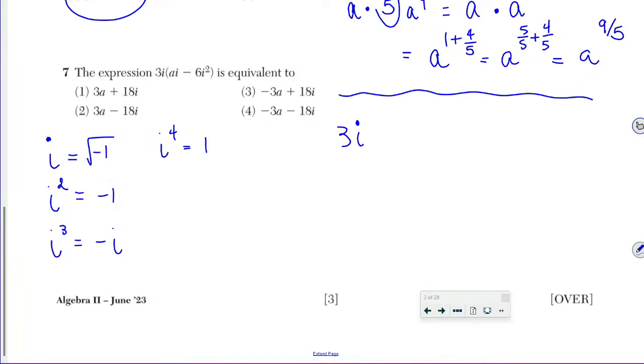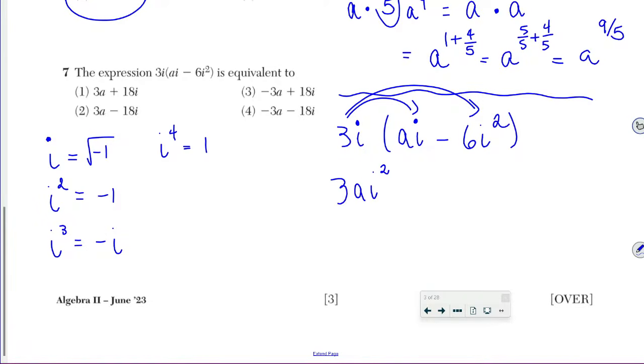If I have 3i times ai minus 6i squared, and I distribute through, I'm going to get 3ai squared minus 18 times i cubed. Well, i squared is equal to negative 1, and i cubed is equal to negative i.